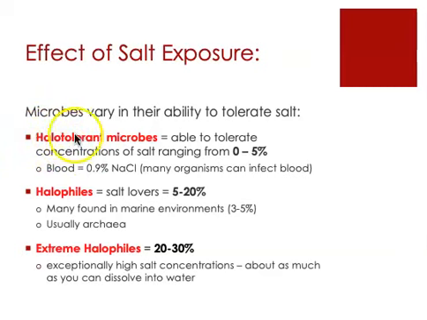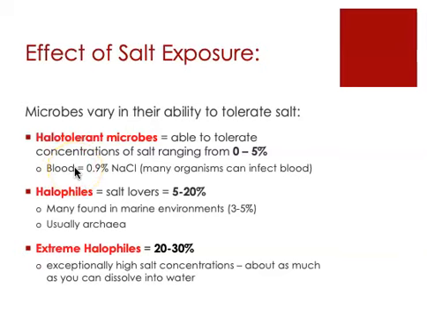So an organism that is halo-tolerant is an organism that can survive in foods or substances that contain between 0 to 5% sodium chloride. Remember, blood, like all human fluids, contains 0.9% sodium chloride. That falls well within this range, and there are lots and lots of different organisms that can get into our blood and grow. We give that problem a name. We call that sepsis, when bacteria get into the blood and grow.